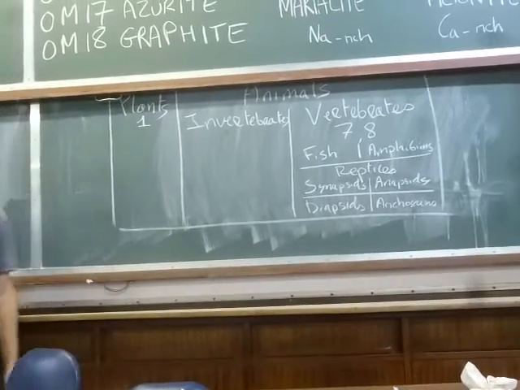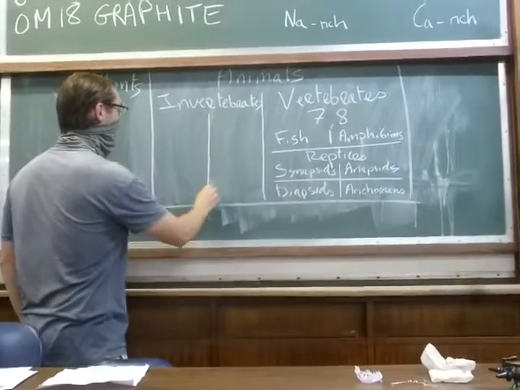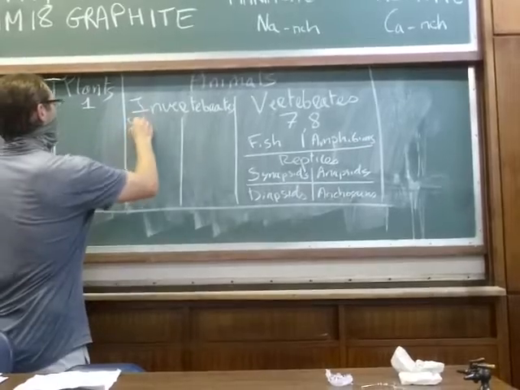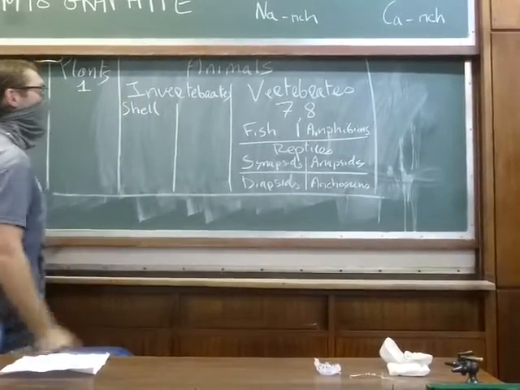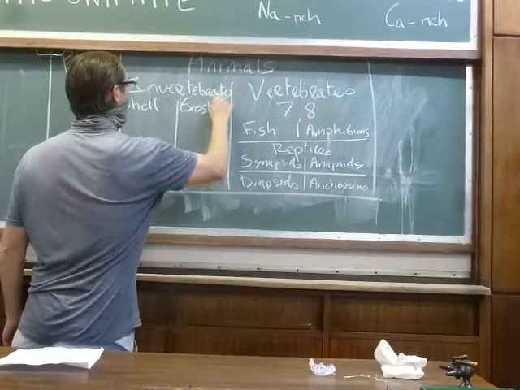Now the invertebrate side. On the invertebrate side, you can divide the invertebrates into two. Those that have a shell and those that have an exoskeleton.